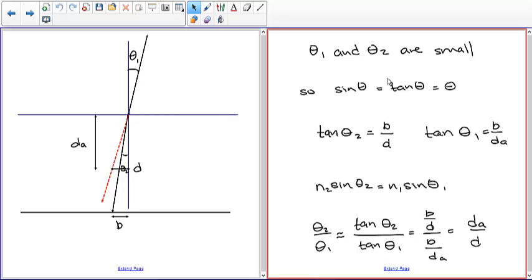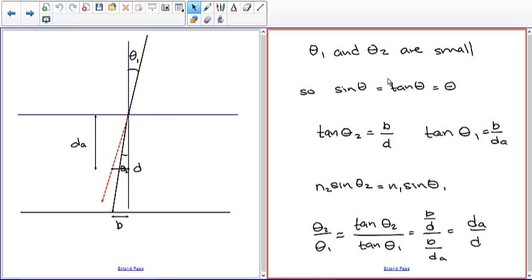Instead of D, we have D sub A. We still have B. So B over D sub A is the tangent of theta 1, and B over D is the tangent of theta 2.